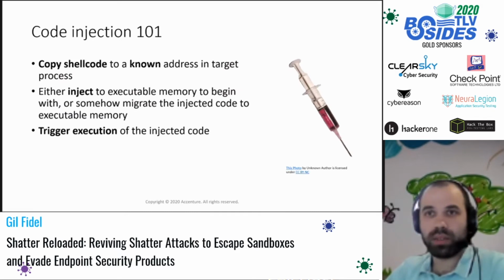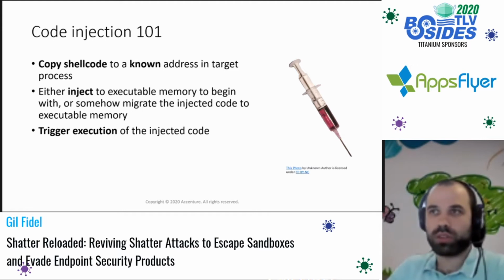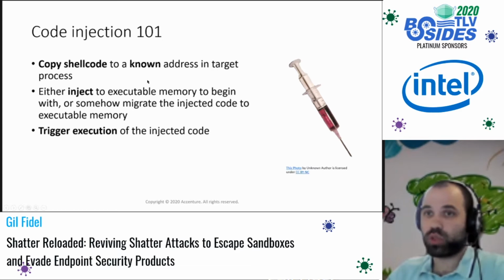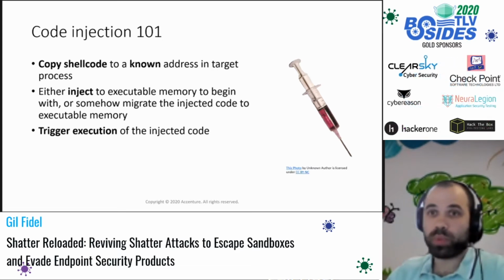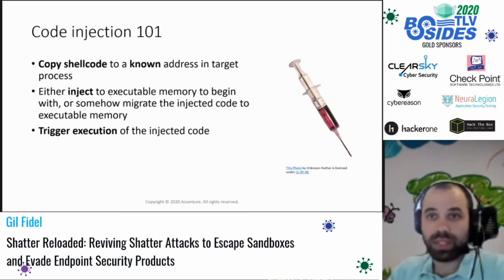Now, step back a little bit. If you're looking into code injection in a more general fashion, like I said, we need to first copy the shellcode into some address we know of in the target process, and we need to make sure it's an executable region of memory. So either we copy it to executable memory up front, or we need to migrate it into it using some method.